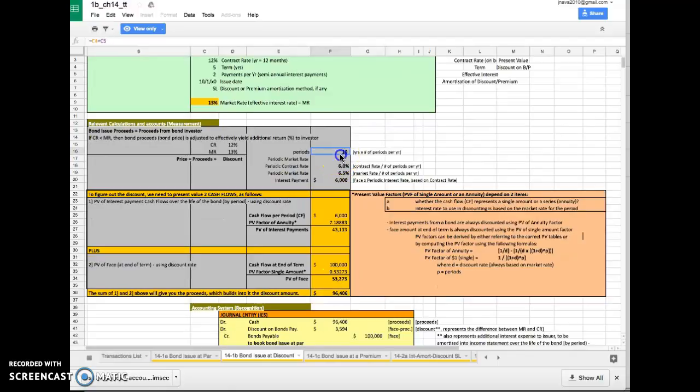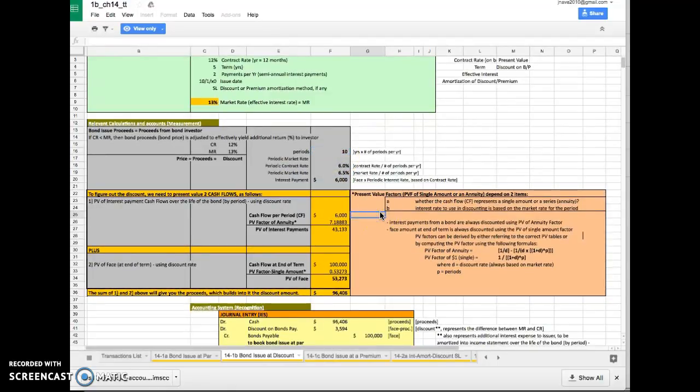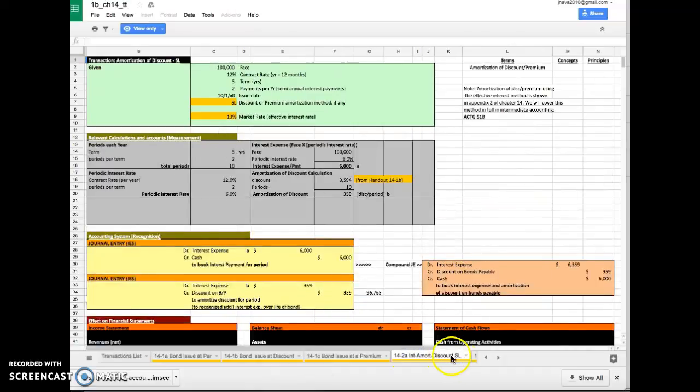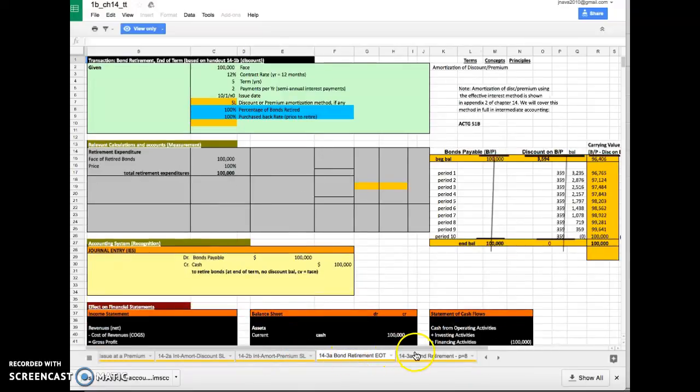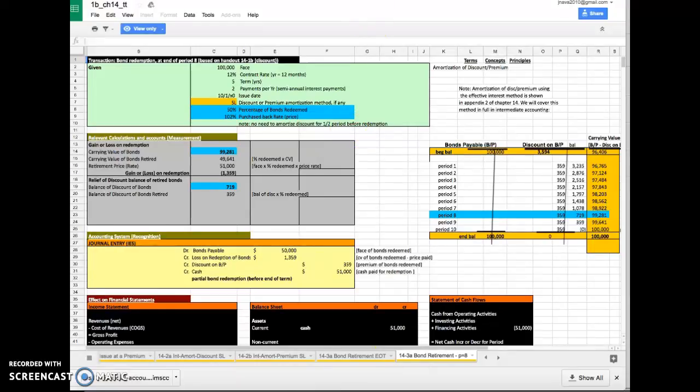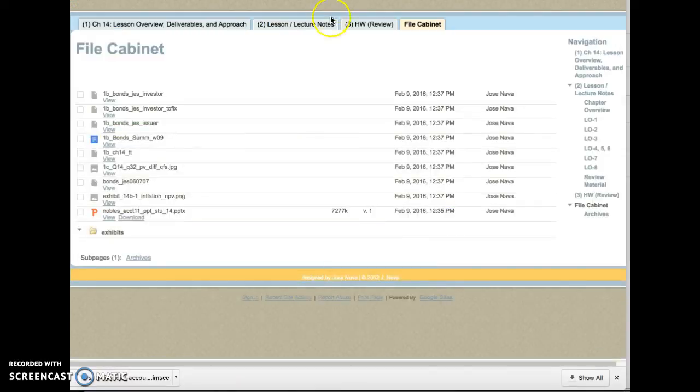So you can, again, review how this is done and then ask me questions in the discussion boards. So here's again tab 1B, tab 1C, and so on. I follow very much the same format for the answers in each case, so you can follow along. So hopefully that will be helpful for this chapter. Enjoy.